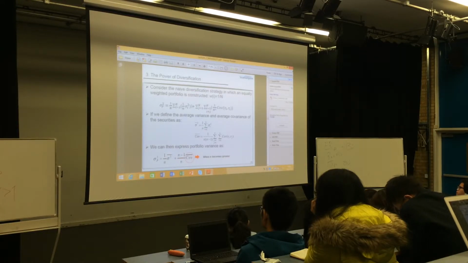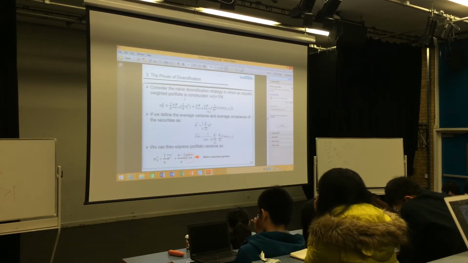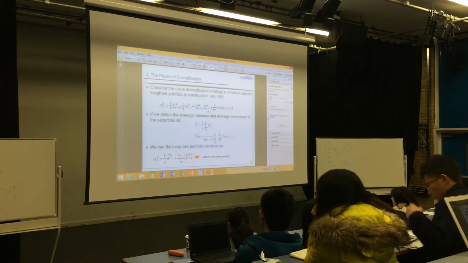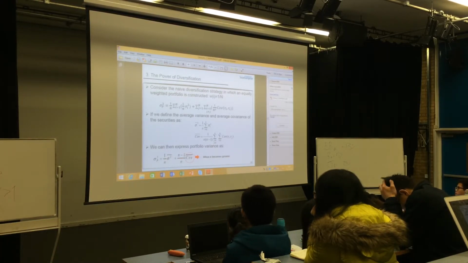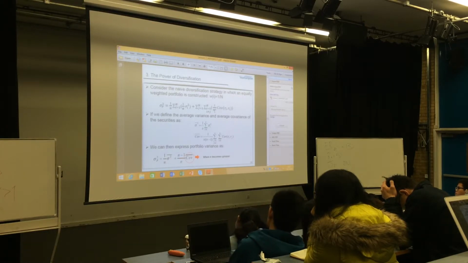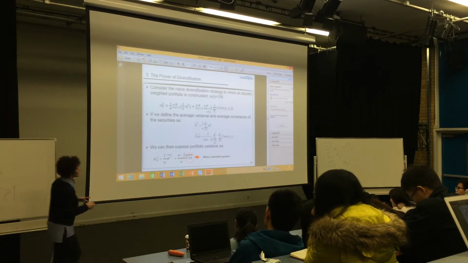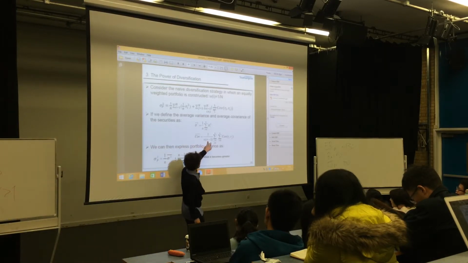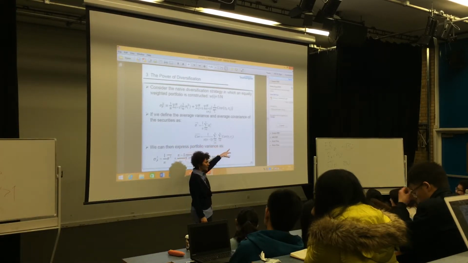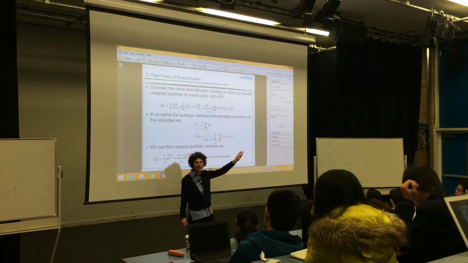This is a generic formula where I have N variance components, each specific to a security, and here I have a covariance component where, if I have N stocks, I will have N multiplied by N minus 1 covariances. So if I have 50 stocks, how many variances should I have?